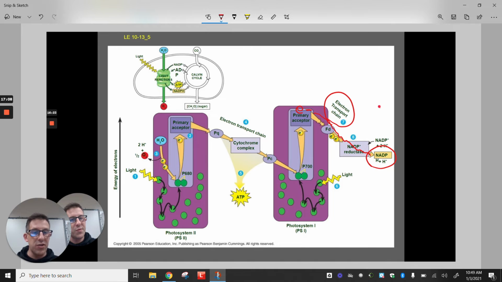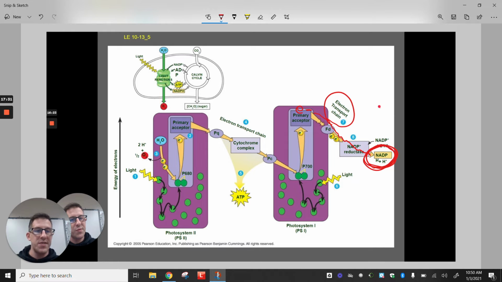We see these electrons, which started off in these photosystems, right? And they're going through this electron transport chain to harness some of their energy, and they end up in NADPH, okay? So that is the process of the light reactions.